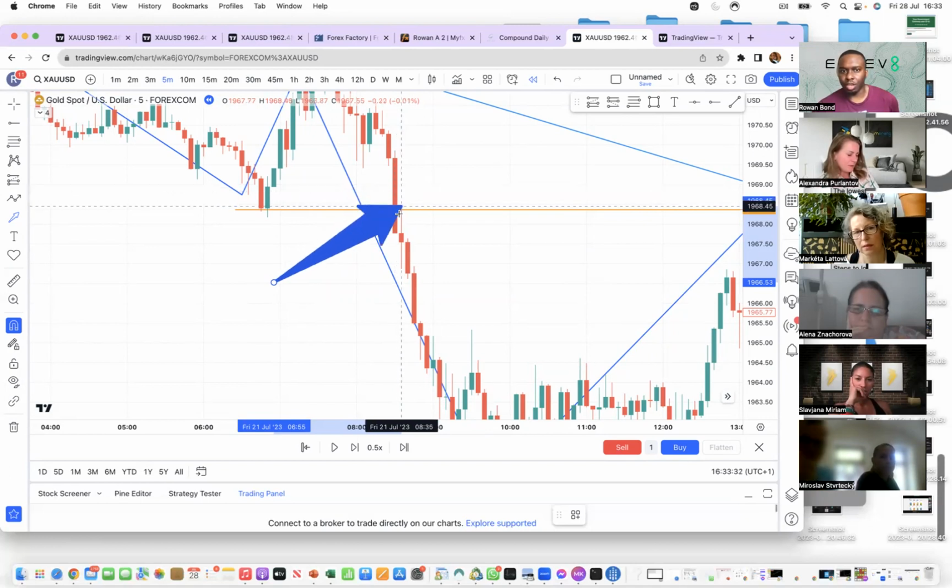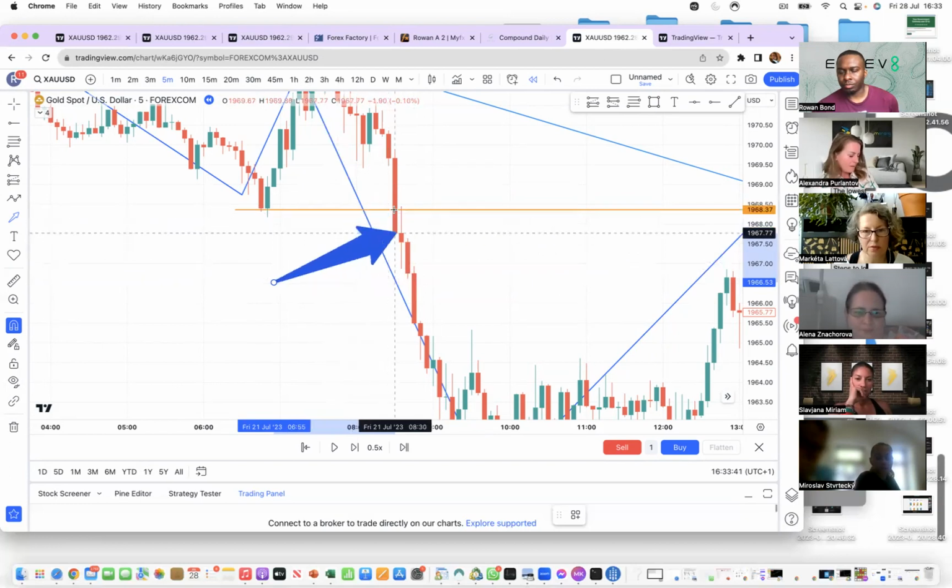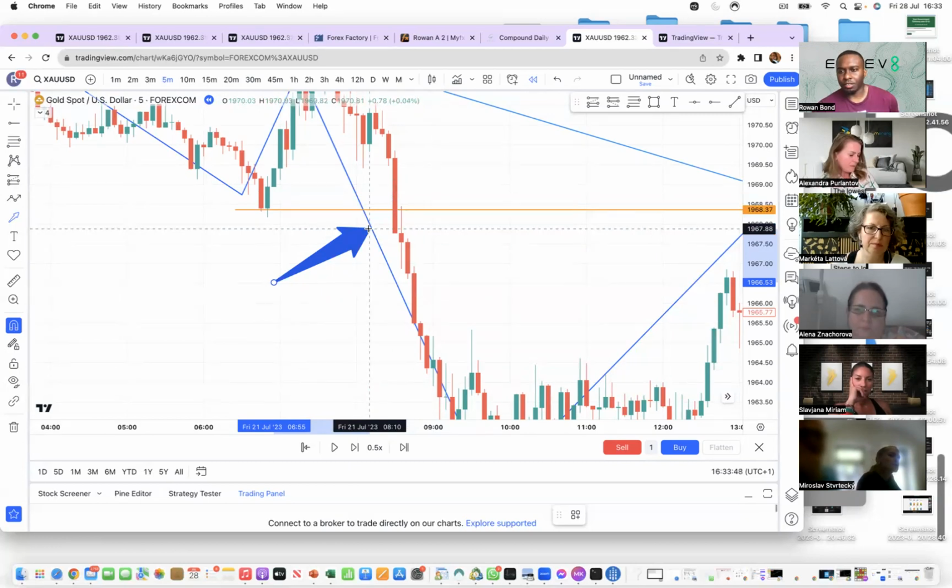When you see it went up and it closes below the line, it gives you confirmation that it's going to continue to sell, because only the wick went up. Does that make sense?